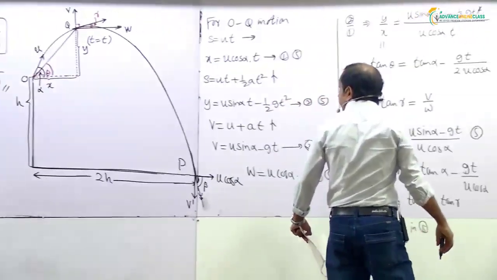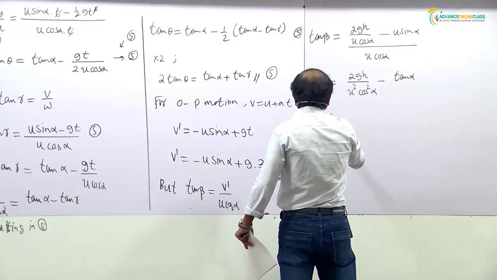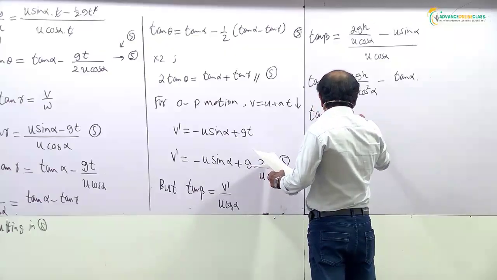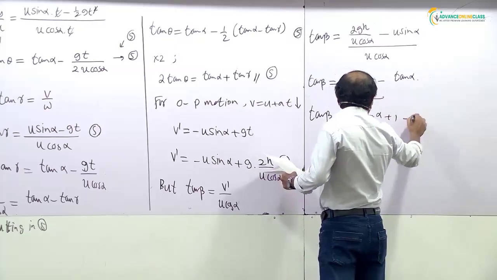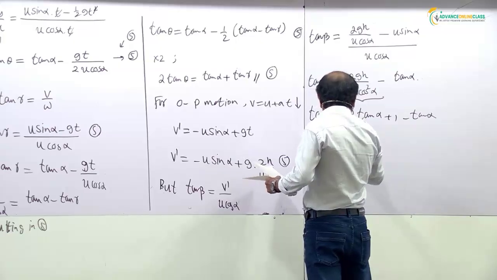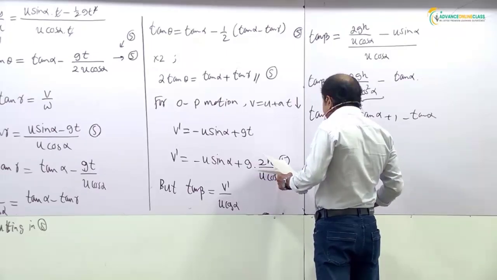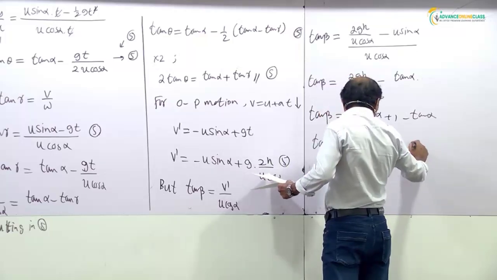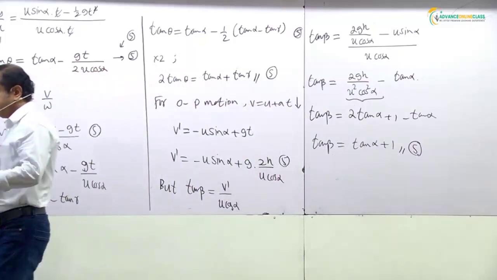This is right, no? 2 tan alpha plus 1, this part, minus tan alpha. Then we get tan beta is equal to tan alpha plus 1, right? We get 5 marks for this. This is 5 marks on that part A.